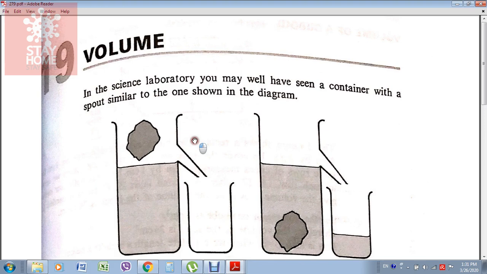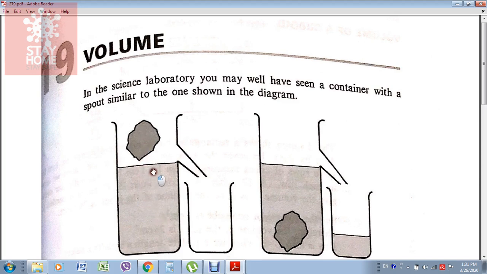For the concept of volume, there is a picture you can see on your screen. In the science laboratory, you may well have seen a container with a spout similar to this one. This is the spout. Fill the water up to the spout and then throw a stone inside.